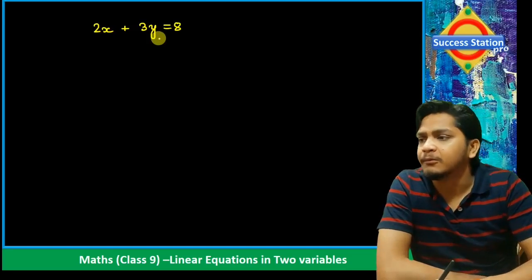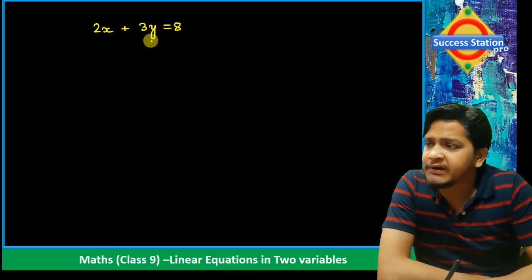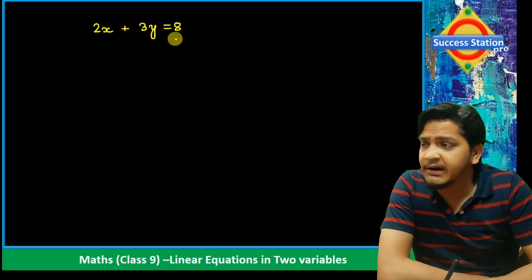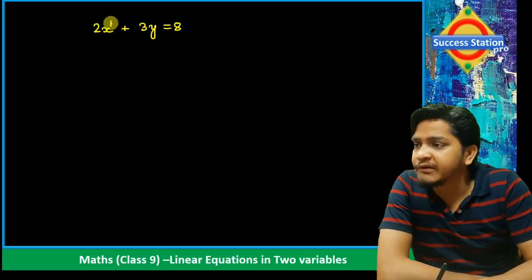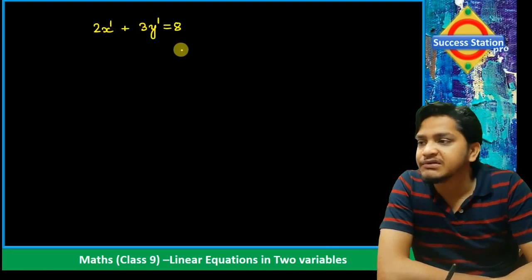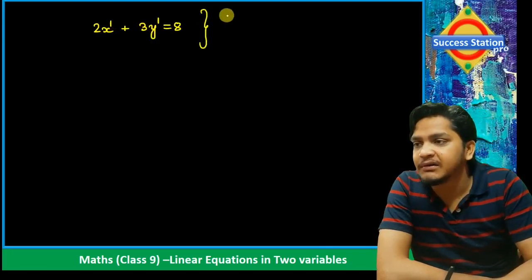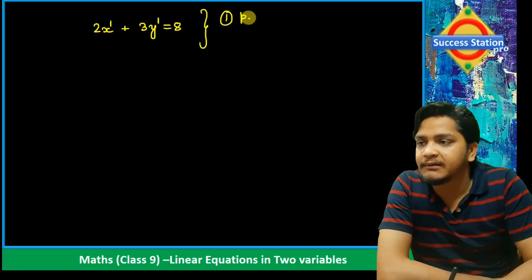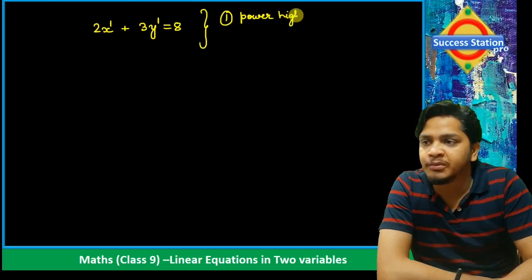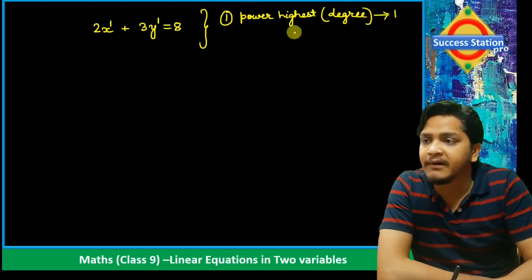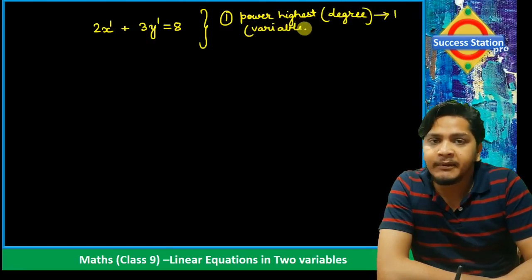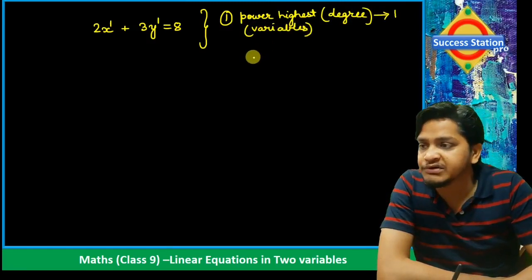Now what you observe over here, here you have two variables, right? But the power of both the variables is 1 only. So that's the first condition: the highest power, which is also called the degree, should be 1, of the variables. It should never be 2 or 3, otherwise it won't be a linear equation.